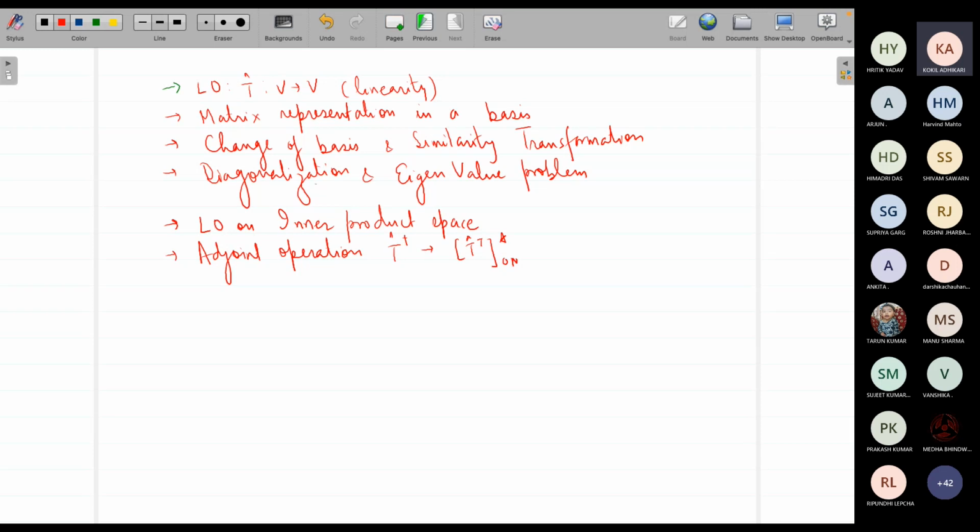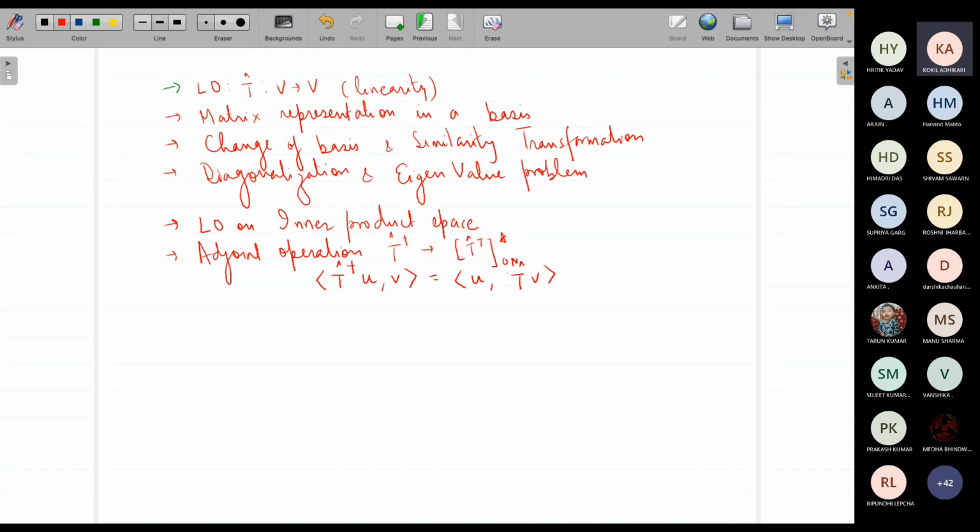I will continue to make some more statements on that. In the last class I was discussing the linear operator on inner product space, where I defined an adjoint operator, which can be represented like this.